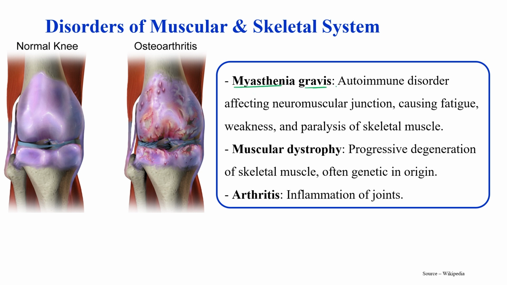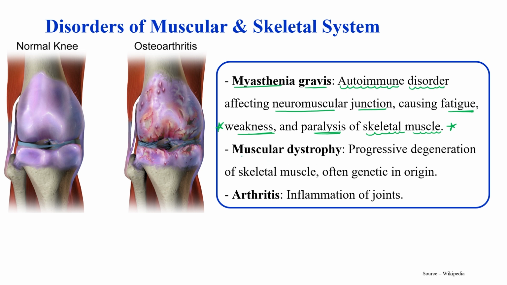It is a kind of autoimmune disorder which affects the neuromuscular junction. It causes fatigue, weakness, and paralysis of our skeletal muscles.